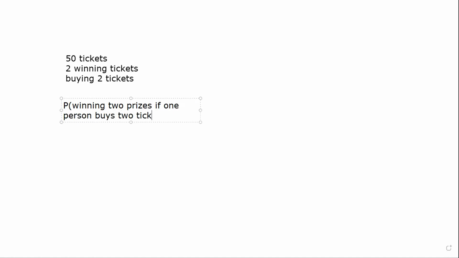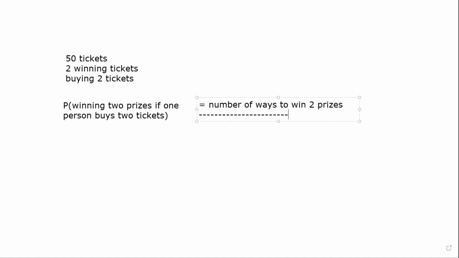What we have to look at is the top of this fraction is going to be the number of ways to win 2 prizes, right? So the number of ways that you could win both over the number of ways to choose tickets, right? So these both involve the combination rule.